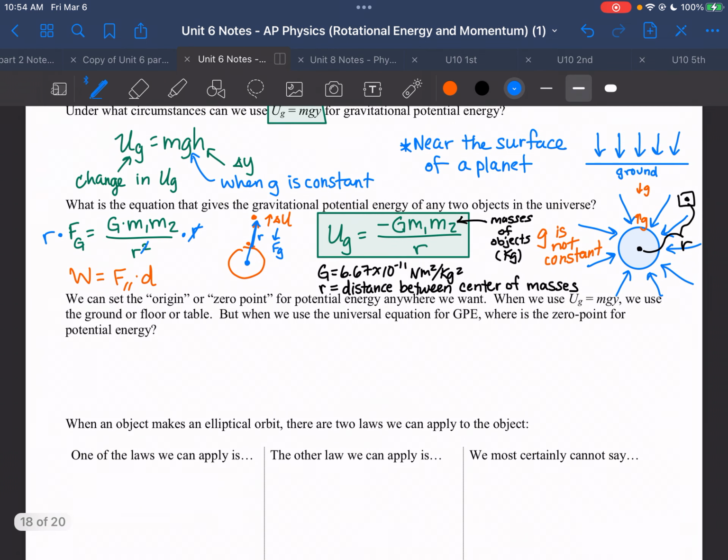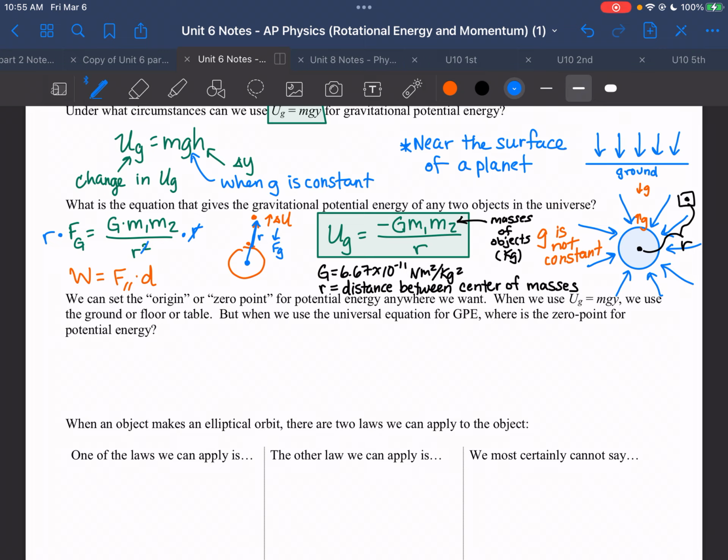Looking at the next part, it talks about setting the zero point or the origin point for potential energy. You can set it wherever you would like. That's why whenever we talked about just the regular mgh, you could make the ground 0, but you could also make the highest point 0, and then you'd go negative if you wanted to.